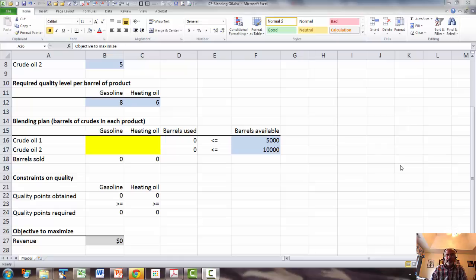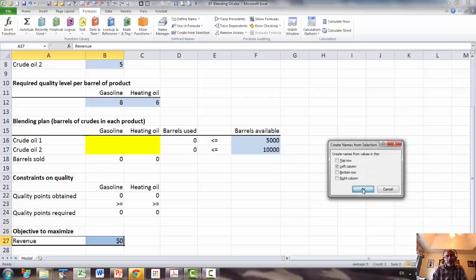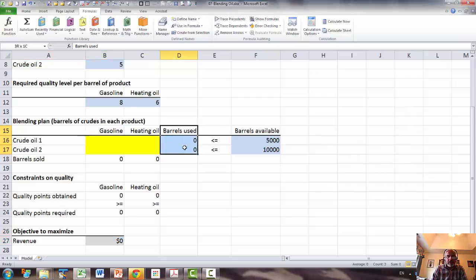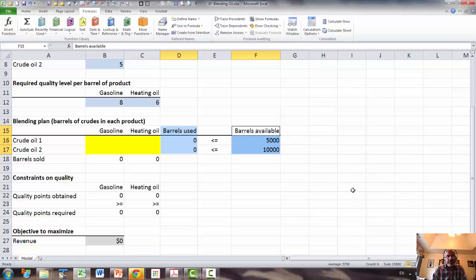Now before we go to Solver, let's give some names. So the revenue should be named here. Okay. Barrels used and barrels available should be named. Quality points obtained and quality points required must be named as well.